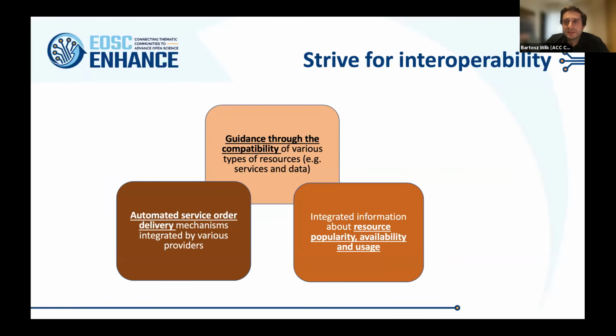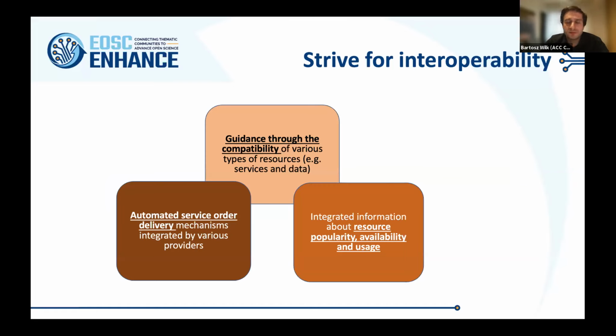The third and probably one of the most difficult to explain to the group of researchers area of development that will happen in EOSC Future is the strive for interoperability. It will be noticed by researchers by automated service order delivery mechanisms, which will be provided by various providers, guidance through compatibility of various resource types.